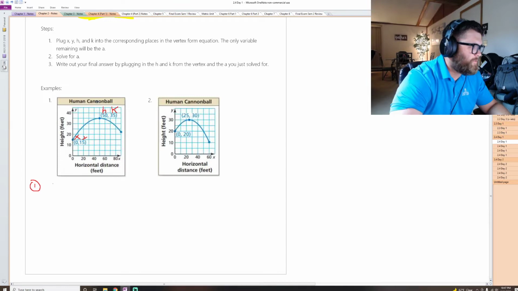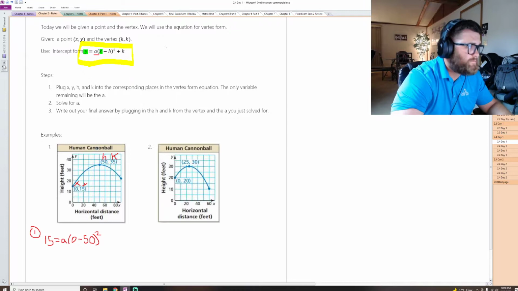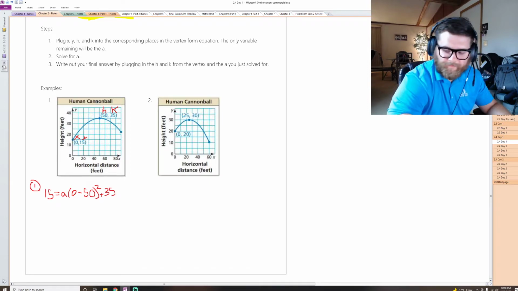So let's plug in. 15 equals a times x, which is 0, minus h, which is minus 50, squared. Then what is it, plus k? Not so hard, k is 35, plus 35.